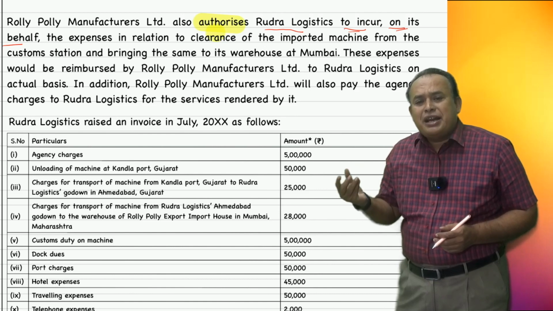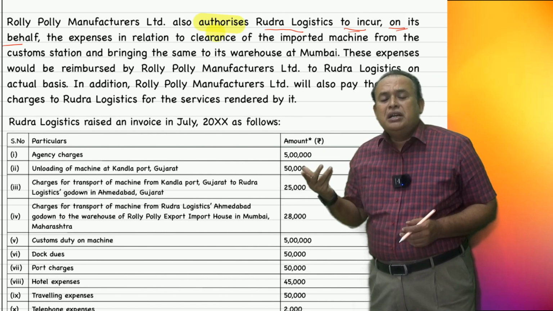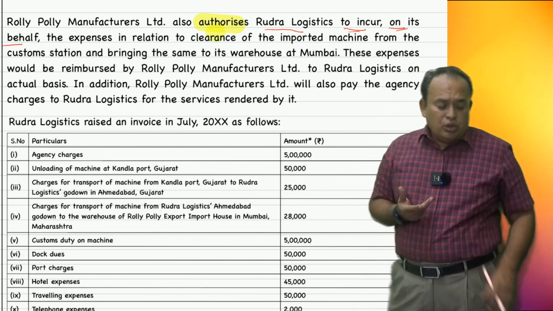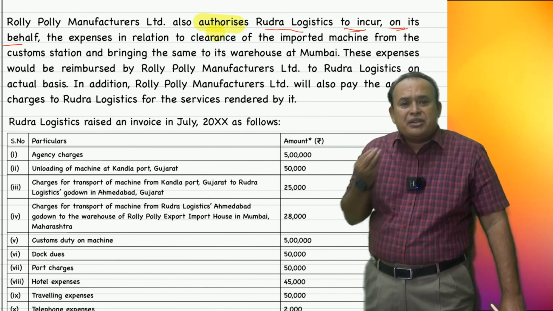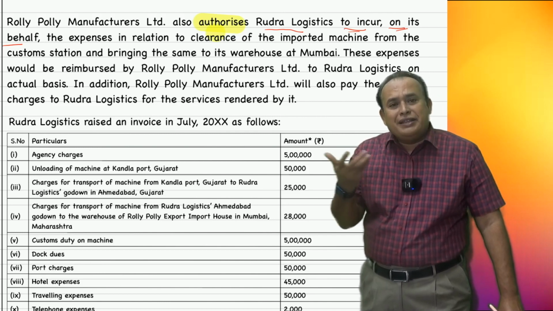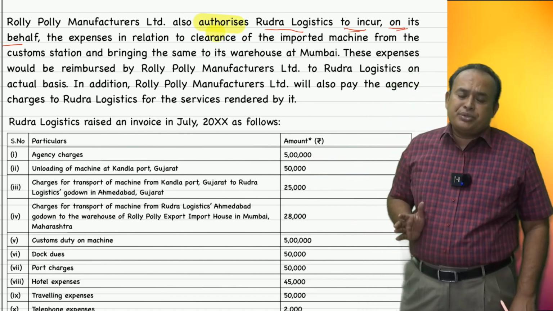The expenses in relation to clearance of the imported machine from the customs station and bringing the same to its warehouse at Mumbai. So, the recipient of service requested the supplier of service to incur the expenditure on their behalf, and we will reimburse the entire amount to you on actual basis.